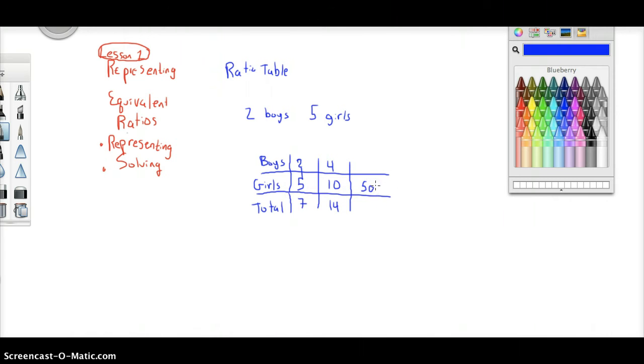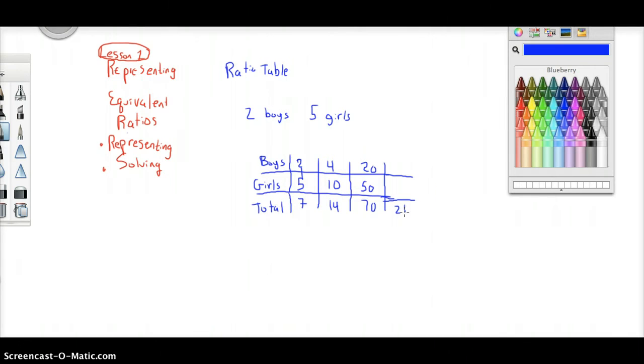I want you to take a second to think about how many boys that would represent. There are 50 girls, how many boys would I need? If we think about that, 5 times 10 gives me 50, so 2 times 10 gives me 20, giving me 70 total. One problem that you're going to have to think about for homework is, what if I had 21 total?